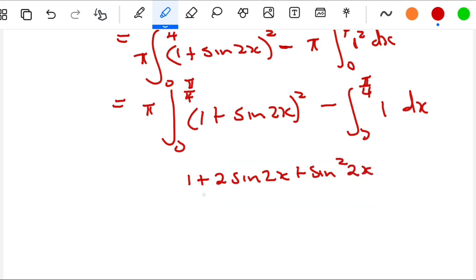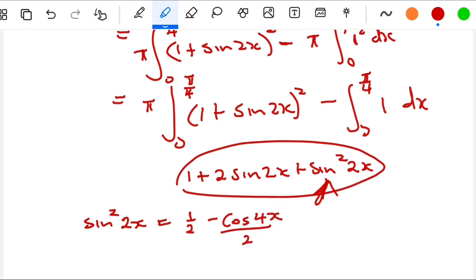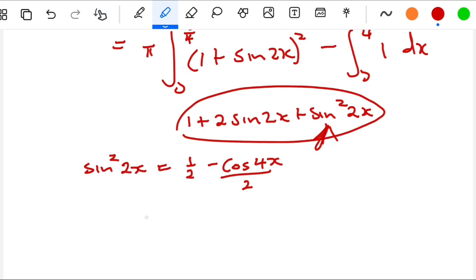We need to remove that square because you cannot integrate that one. To do that, you need to use the cosine double angle. So sine squared 2x is the same as half minus cos 4x over 2.